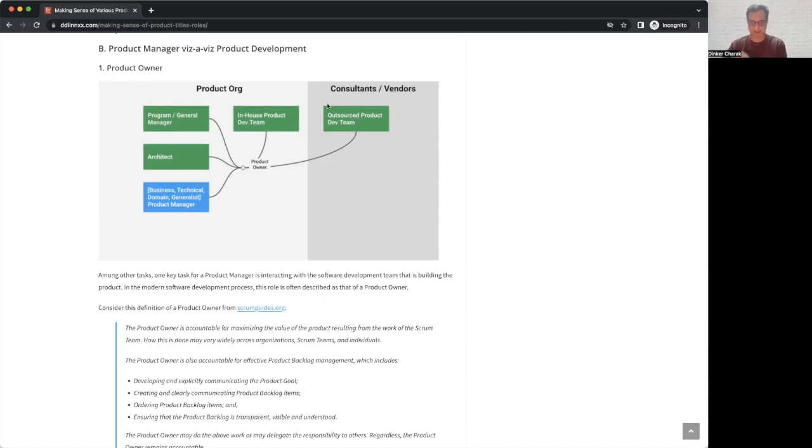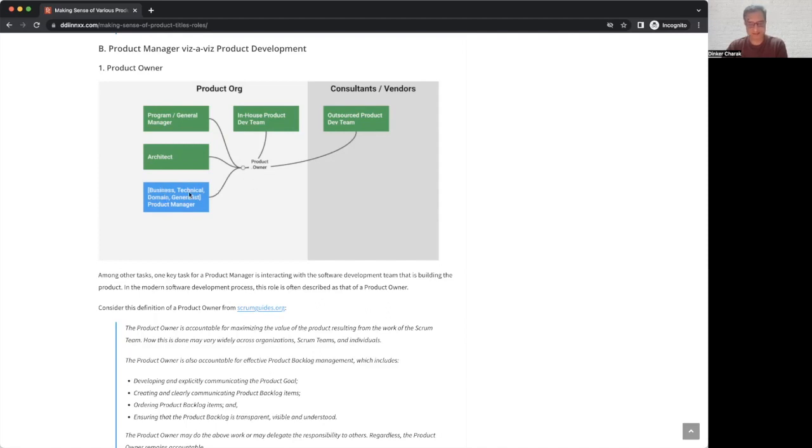So for that single point of contact, the name product owner is gaining a lot of credence. One thing I'm trying to point out is that not every product owner may be a professional product manager.